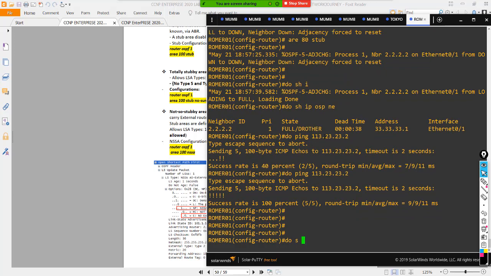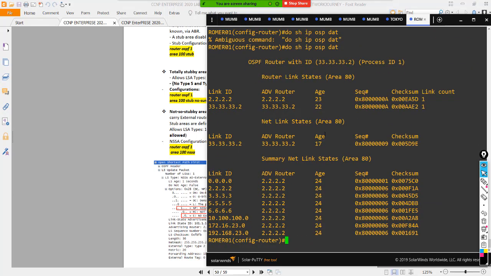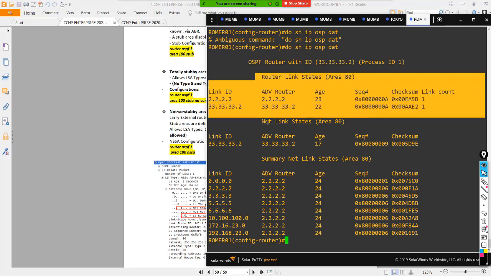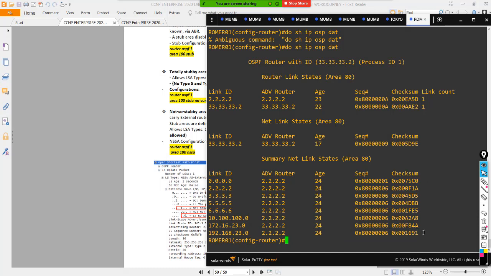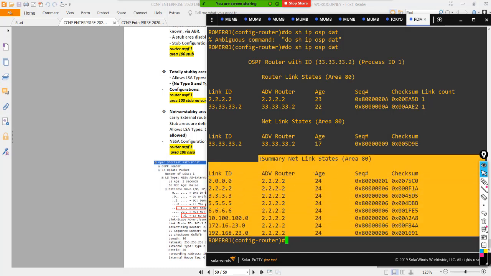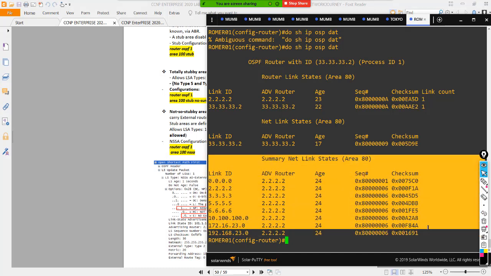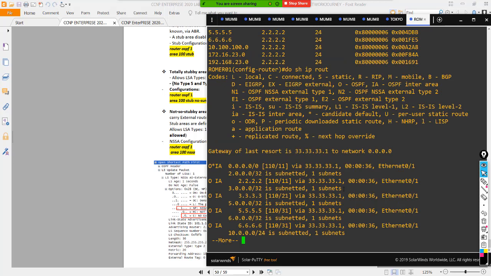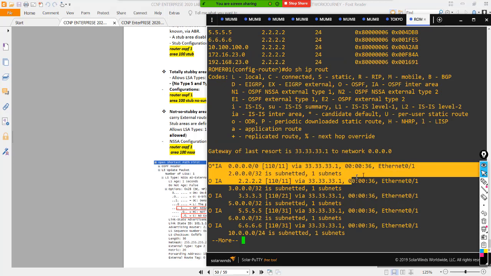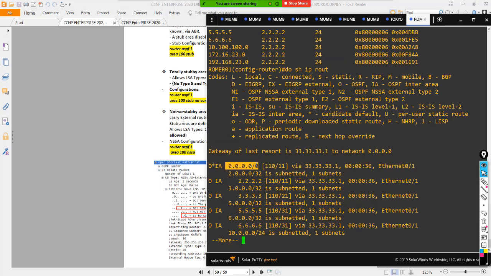And what about my LSA? Show ip ospf database. So I see type 1, type 2 and type 3. As soon as I enable totally stub, LSA 3 will be taken out. What is my routing table? The routing table has a default gateway injected.